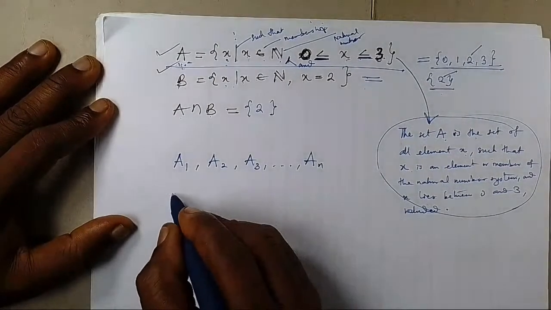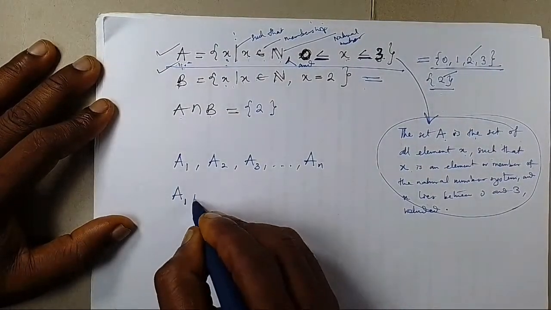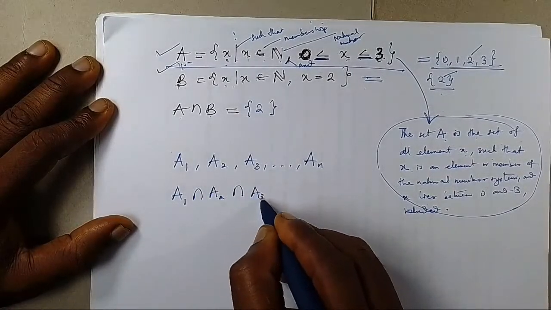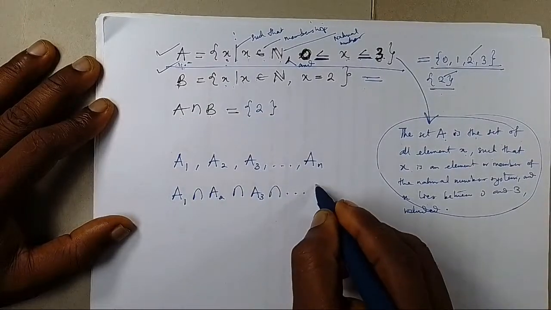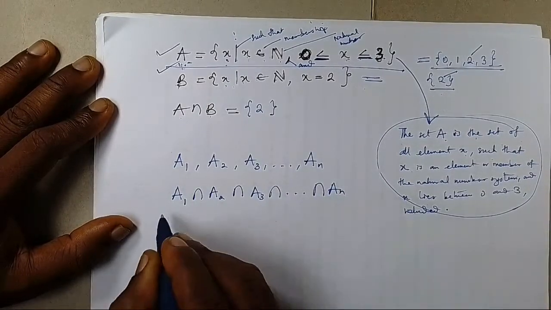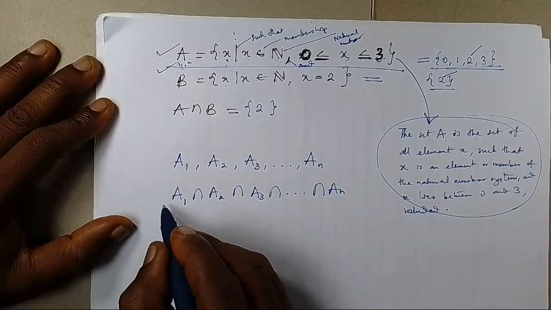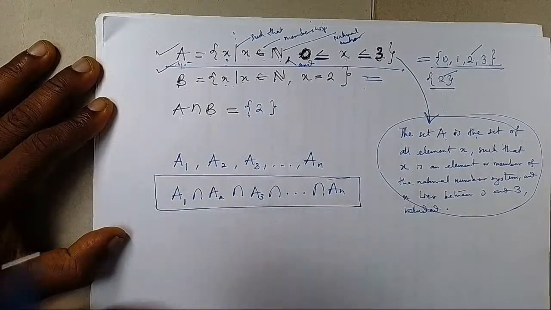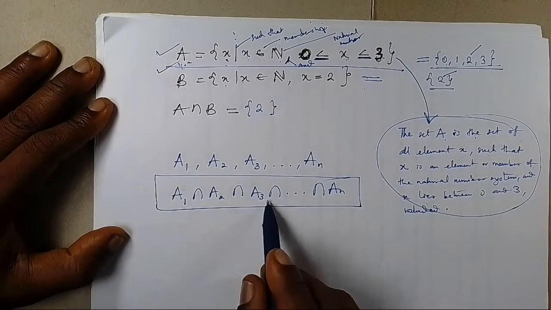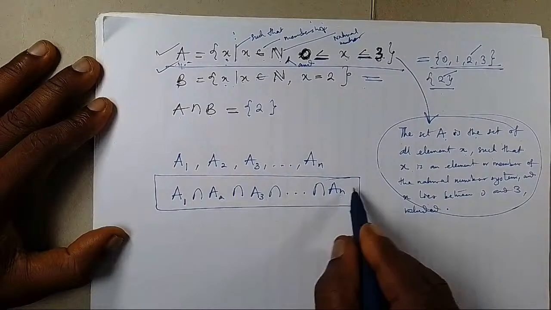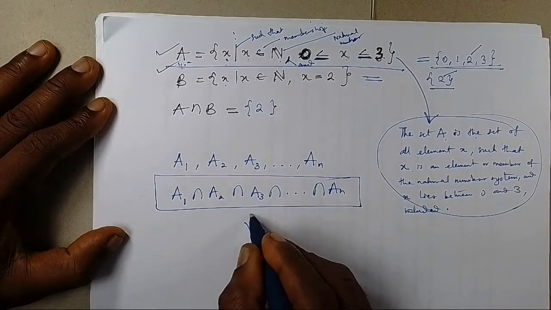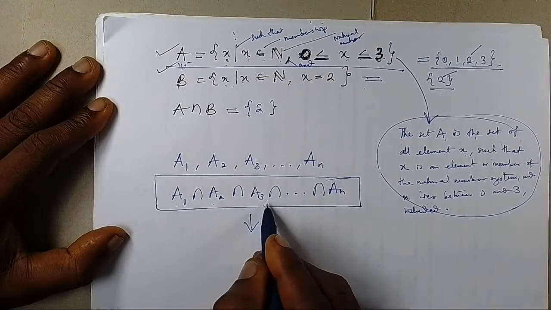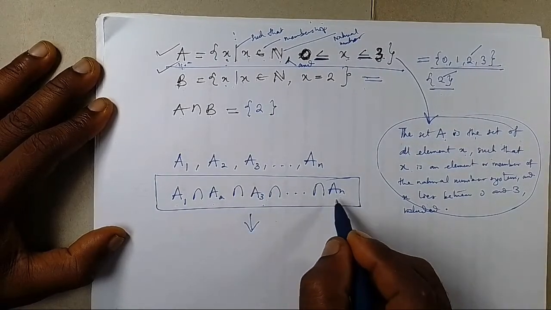So what if I want to find the intersection, the elements common to A1, A2, A3, up to An? We symbolically write it in this manner. If you want to find the intersection of n different sets, A1, A2, A3 to An, you write A1 cap A2 cap A3 cap, up to cap An.